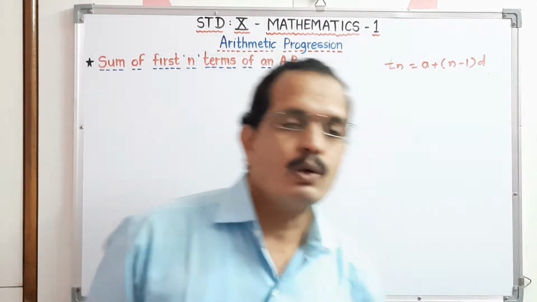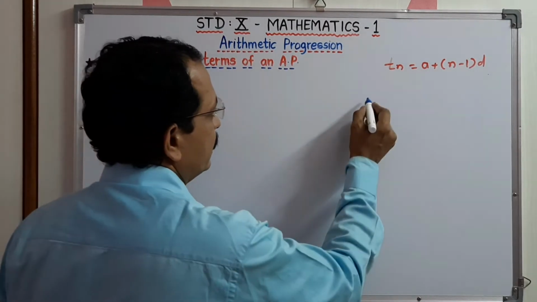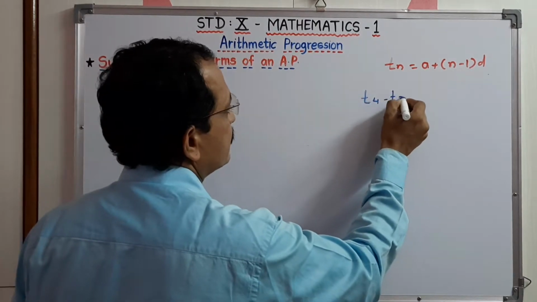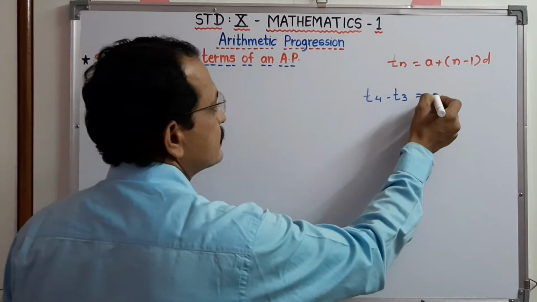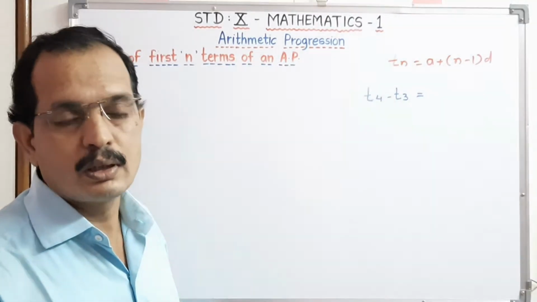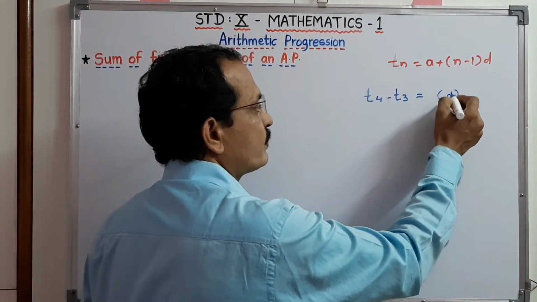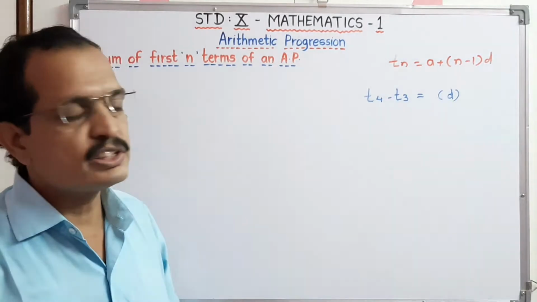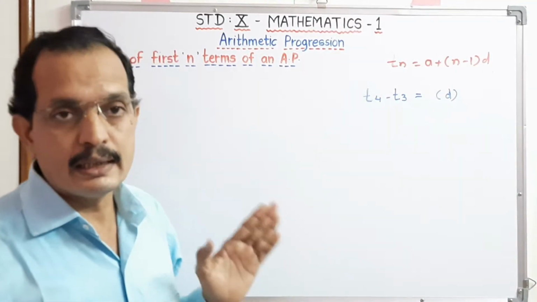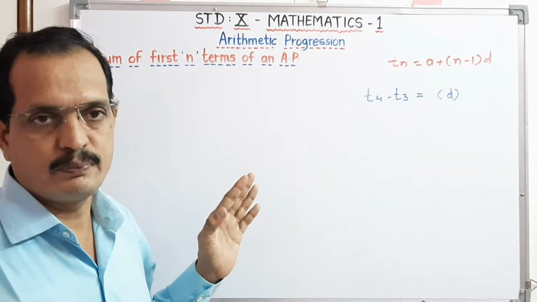Dear students, all of you know that if I find T4 minus T3, and this difference between two consecutive terms remains constant, then that is called the common difference, and that sequence is known as an arithmetic progression.